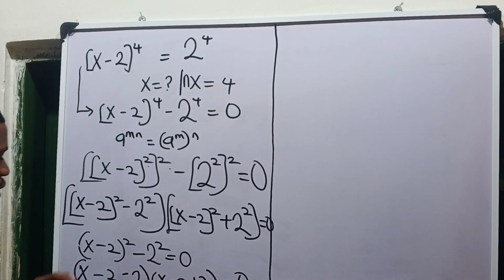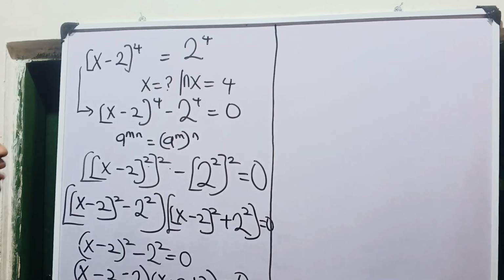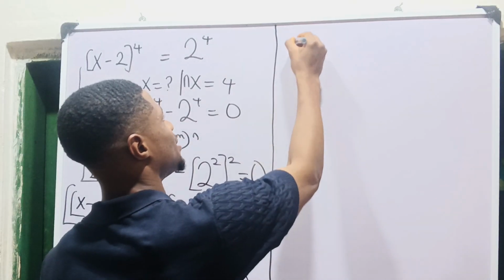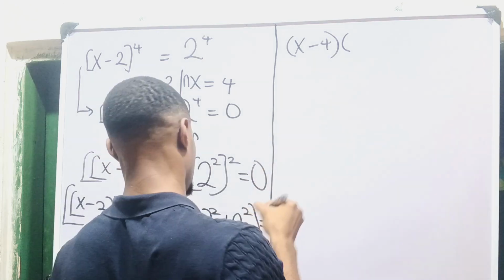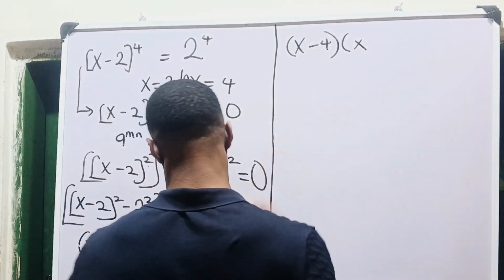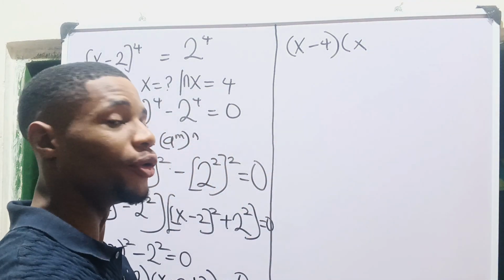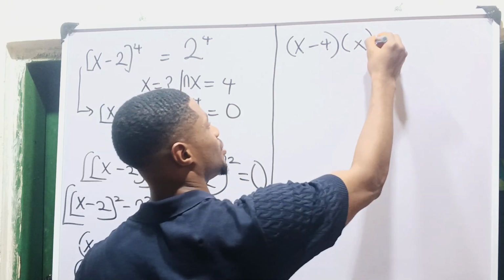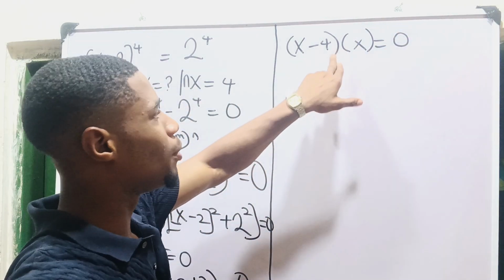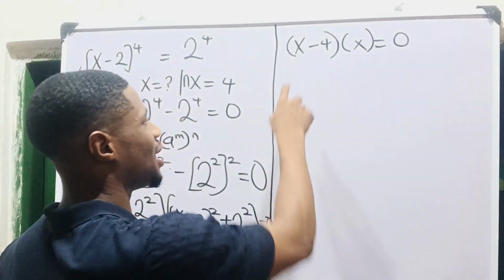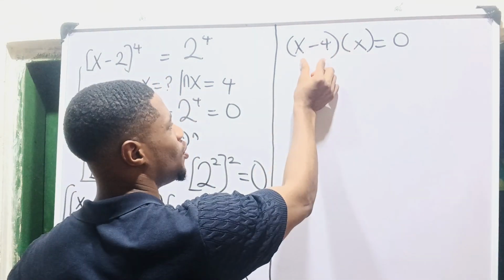Continuing from here, we have (x - 4) multiplied by (x - 2 + 2, which is x), so we have x times (x - 4) equal to 0. Again, the product of two things is equal to 0, so it's either the first one is equal to 0 or the second one is equal to 0.